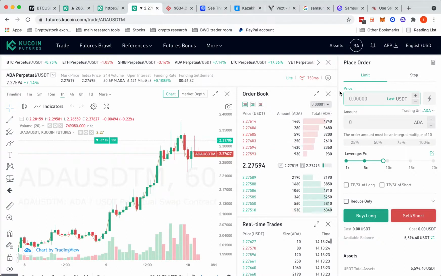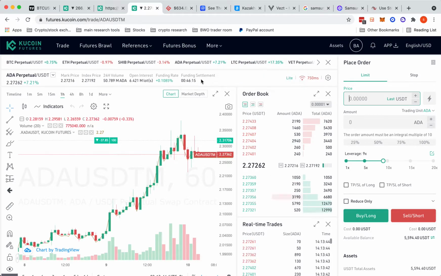The difference between the limit, remember there's a section on fees that you can refer back to. There's two types of orders, a maker and a taker. A maker is someone who places a limit order and it gets filled. You would be paying a lower percentage on the actual trade. Remember, every 8 hours there's a funding settlement that happens.